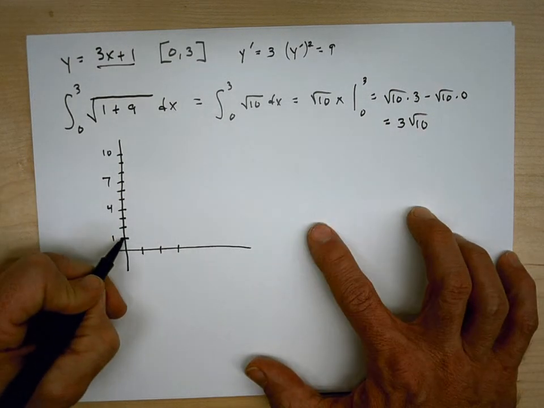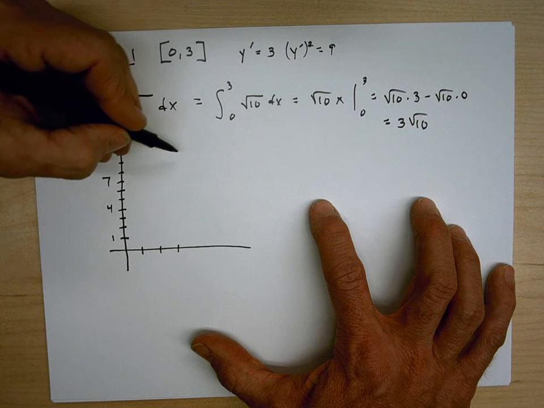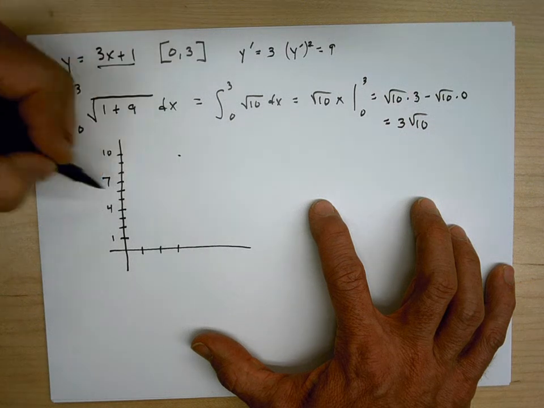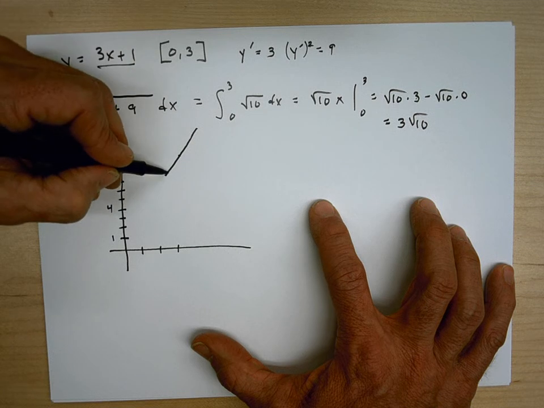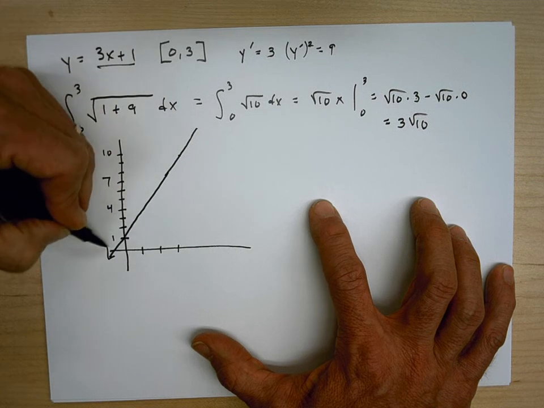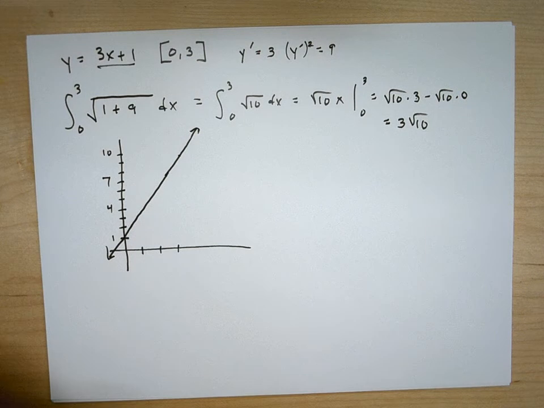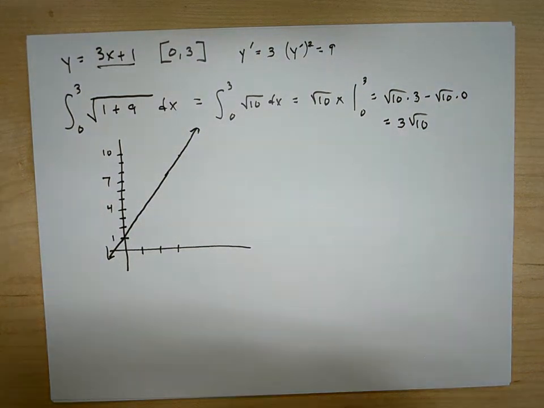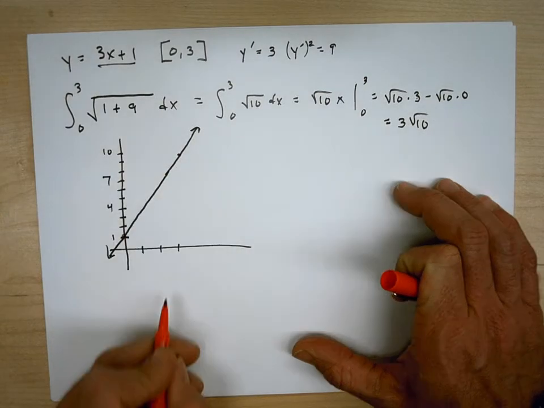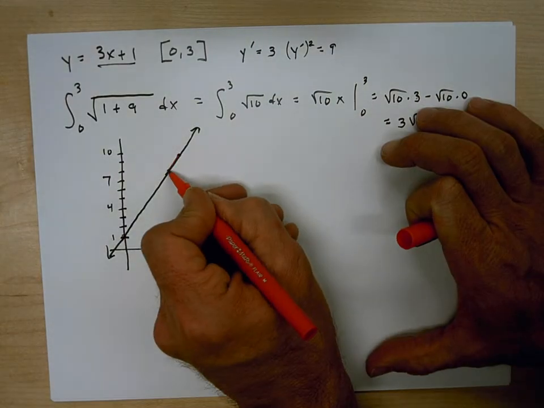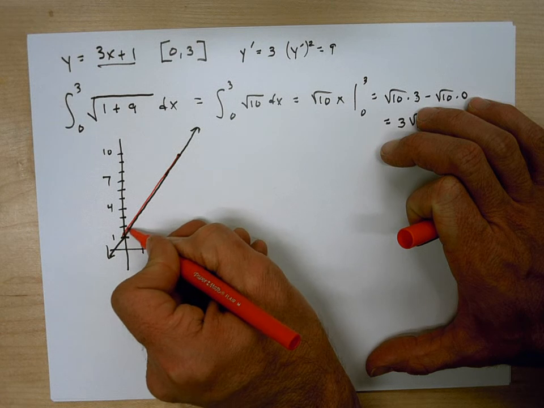So our line is going to look something like this. And what we're trying to do is find the length right along here. All right, we want to find that length.